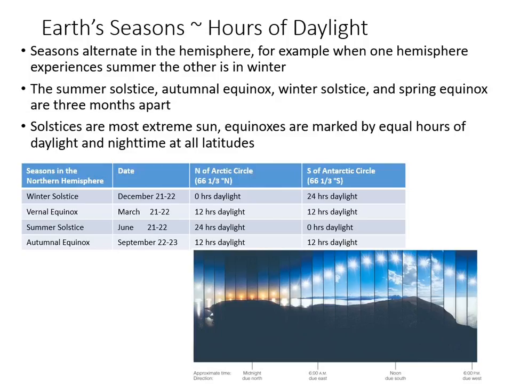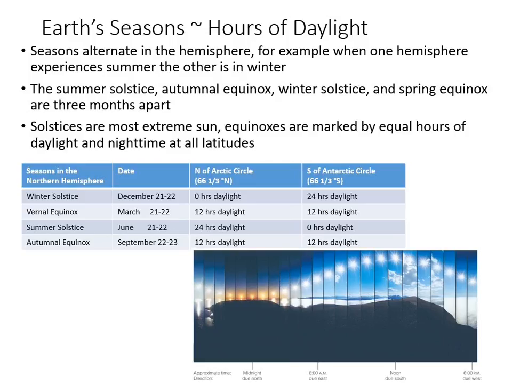Is there any questions? This right here kind of goes back to the Alaska thing. So this is spring. Alaska is getting more and more daylight too, but they are actually going to get it quicker. You can go on the internet and find out how many daylight hours each location has.